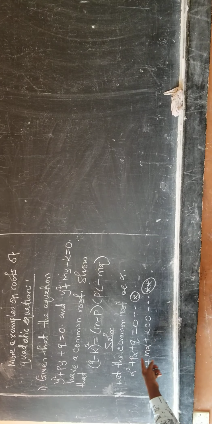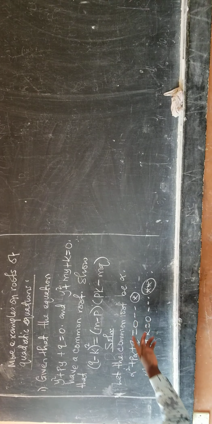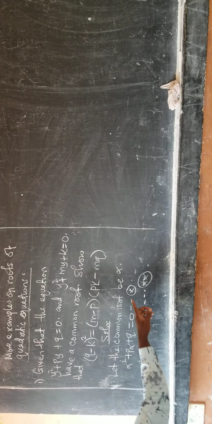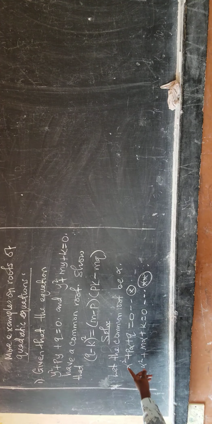Now since I have alpha squared in both, I'm going to start by subtracting. I can subtract equation star 1 minus equation star 2 such that I can eliminate the square of alpha.